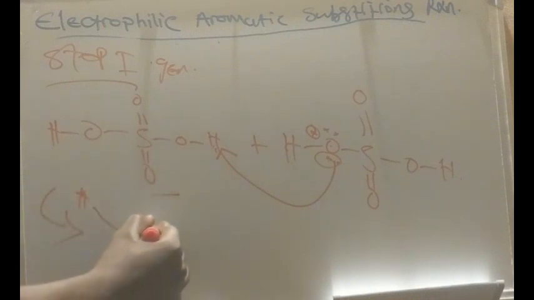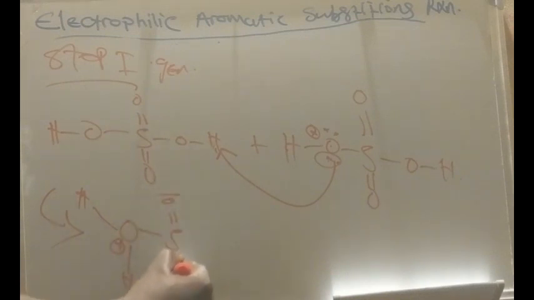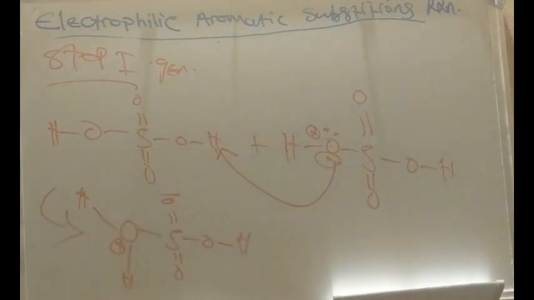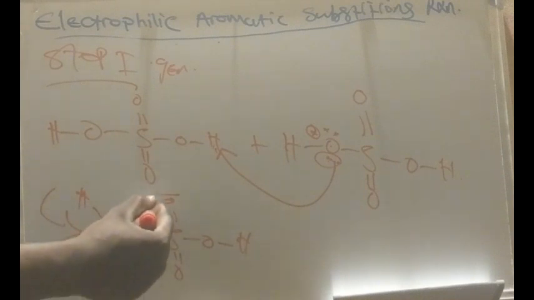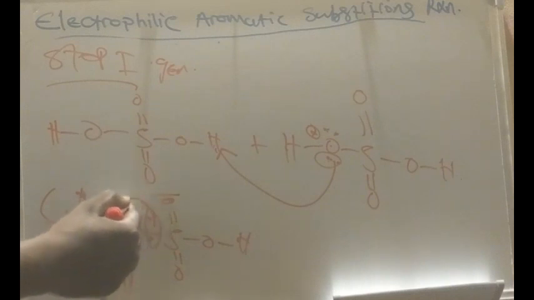So this intermediate won't last because oxygen is electronegative and it can't exist in this form. So oxygen would want to restore its natural electronegative form. So the only option oxygen has is to break its already existing bond with sulfur and use the 2 electrons to stabilize the positive charge.